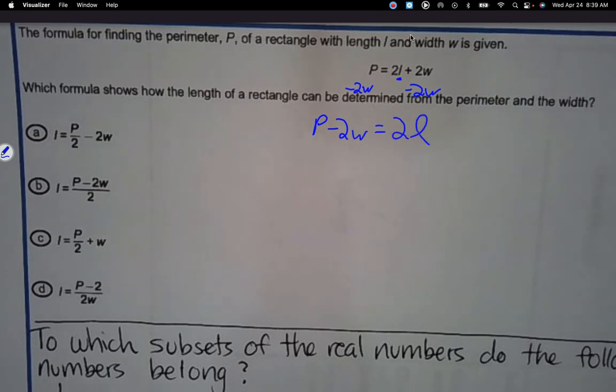I'm going to write my L's like that. Now, I still have to get L by itself. What's being multiplied to that L? 2. So what's the opposite of multiplying by 2? If I divide this side by 2, then I divide that side by 2. So which answer looks like that? B. Okay, so you'll probably have something like that on there.